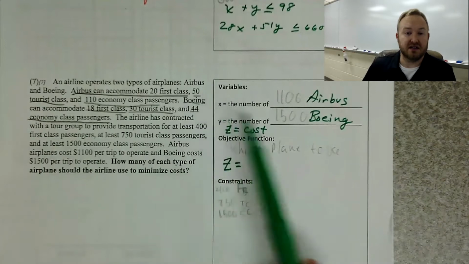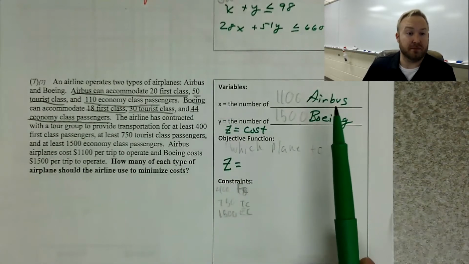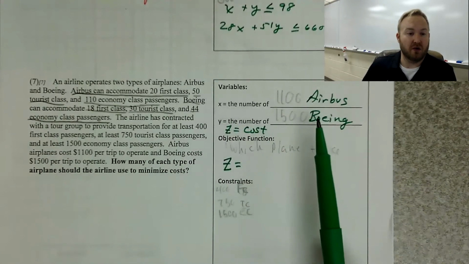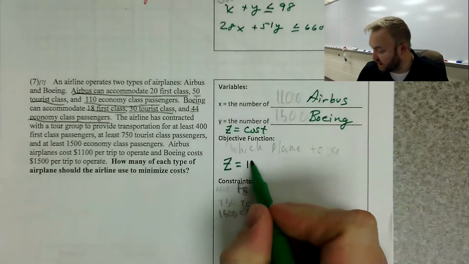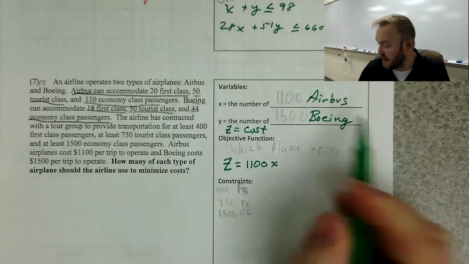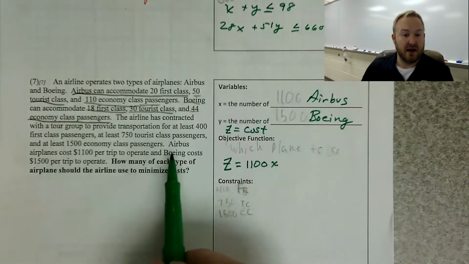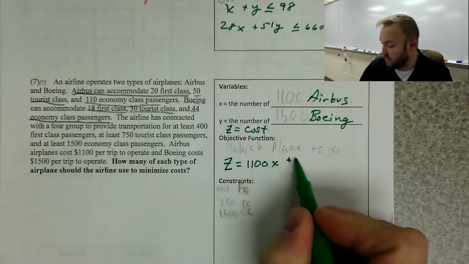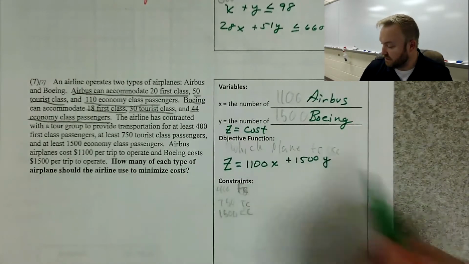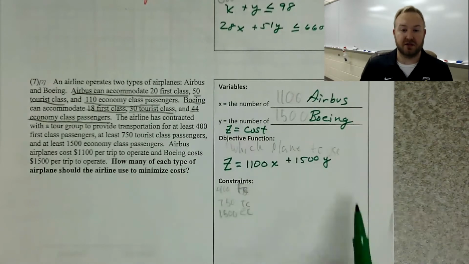So X is the number of Airbus trips, and Y is the number of Boeing. Airbus costs $1,100, so we'll do 1,100 times X, since X is Airbus. And then Boeing is $1,500, so we'll add 1,500 times the number of Boeing trips, which is Y.